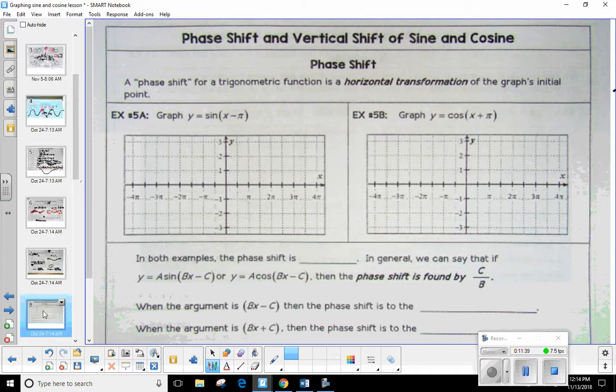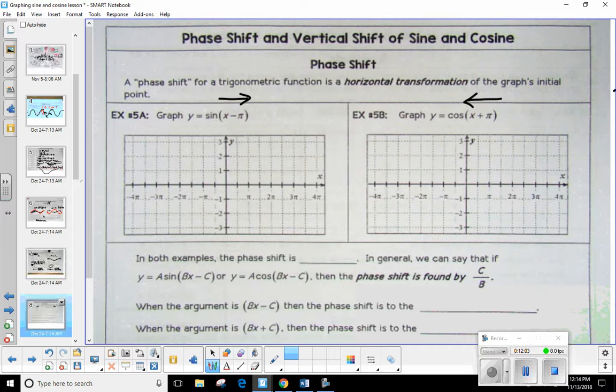You take the opposite, yes. So here, when it says sine of x minus pi, this is actually going to push me right. It's going to take the whole graph and shift it to the right. So if it says x plus, then it's actually going to shift it to the left. The x values are always trickier than we seem to think they would be.